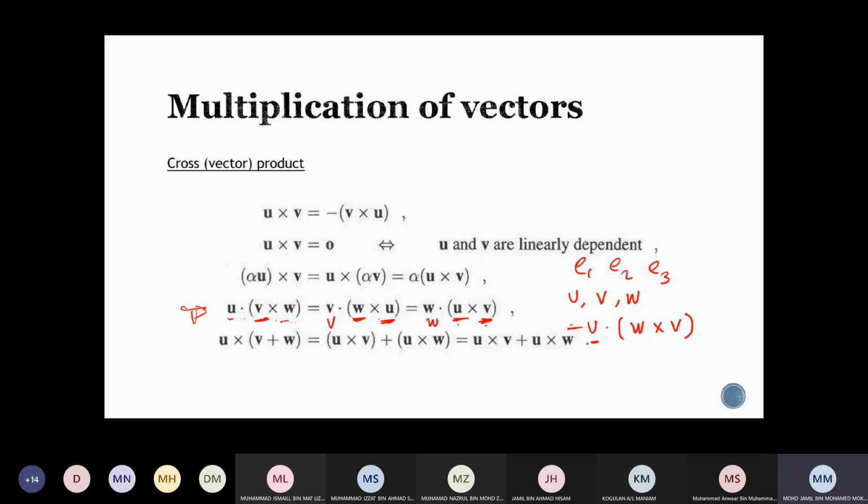So if you start with v, then v w and then u. Okay, faham kot. And then if you have u cross v plus w, you can cross to each of the vectors separately. Okay, u cross v plus u cross w. Okay, boleh kembangkan dengan syarat dia plus or minus. Okay, so kalau dalam ni dot product or cross product, tak boleh kembangkan.